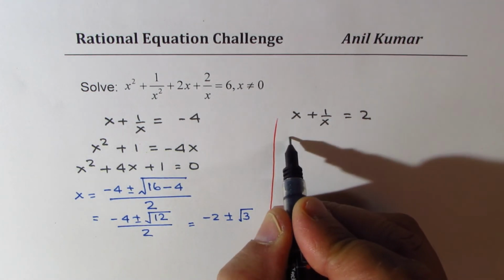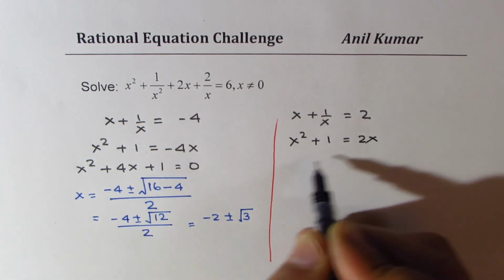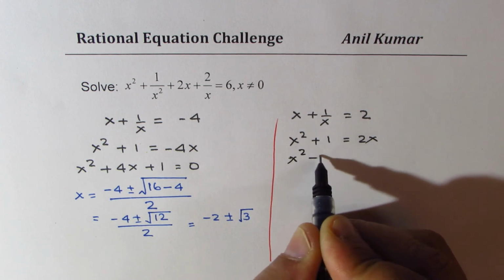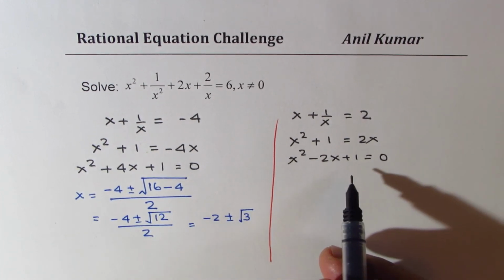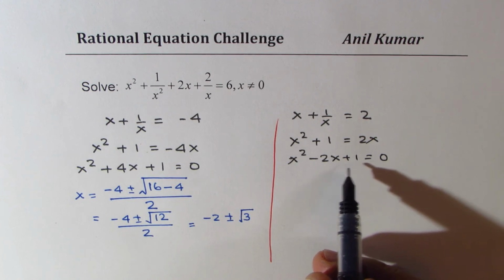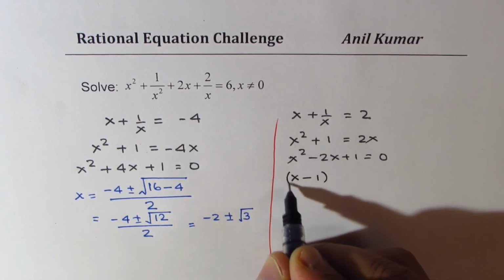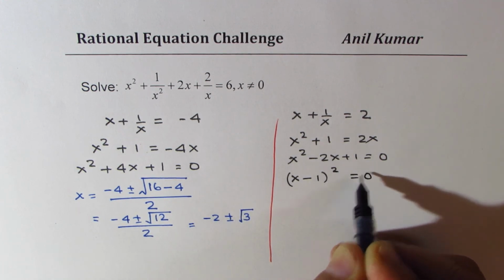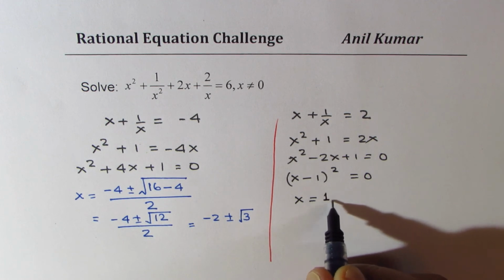Multiplying by x, we get x squared plus 1 equals 2x. Bringing them together, x squared minus 2x plus 1 equals 0. Now minus 1 times minus 1. So we could write this as x minus 1 whole square equals 0. So that gives you one solution, which is x equals 1. Correct?